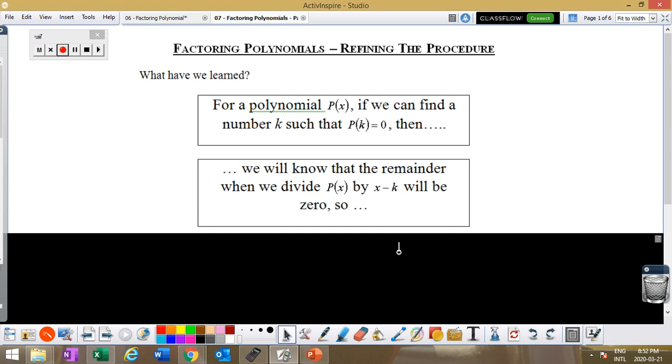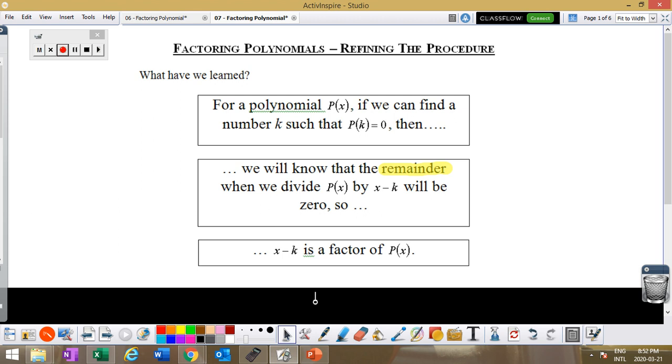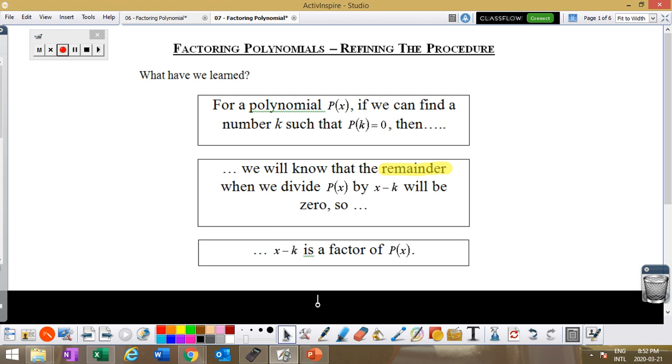So for instance, if you sub in 5 and you get 0, we'll know that when we divide by x minus 5, the remainder will be 0. It's like prior knowledge before dividing. You know you're going to get remainder 0. Now that's very interesting, but the important implication is that x minus k is a factor of p at x. So we'll have found a factor at that point.